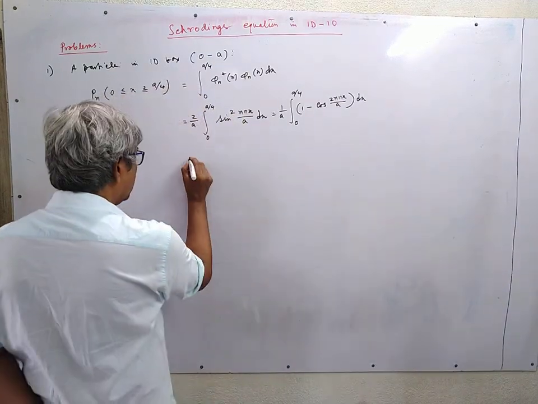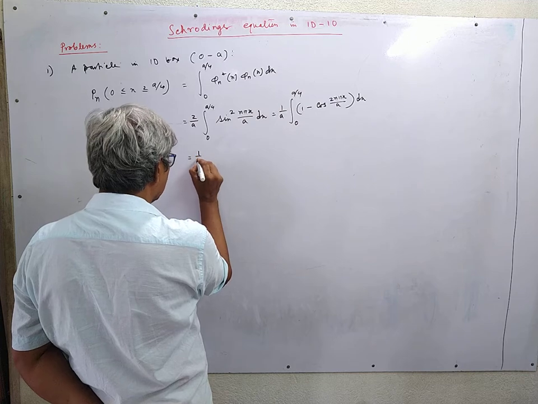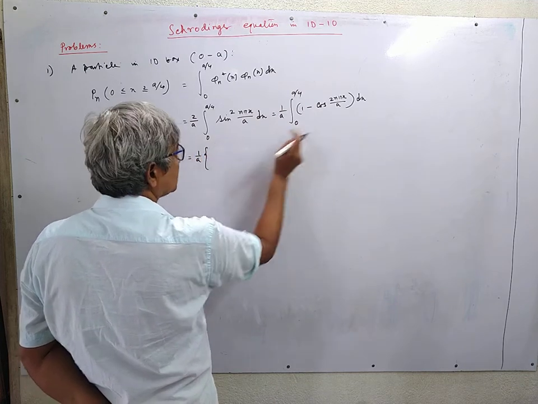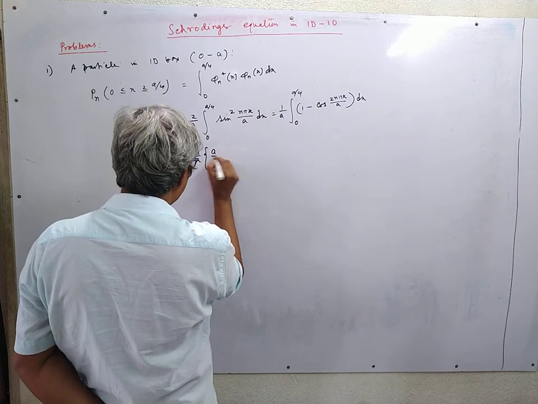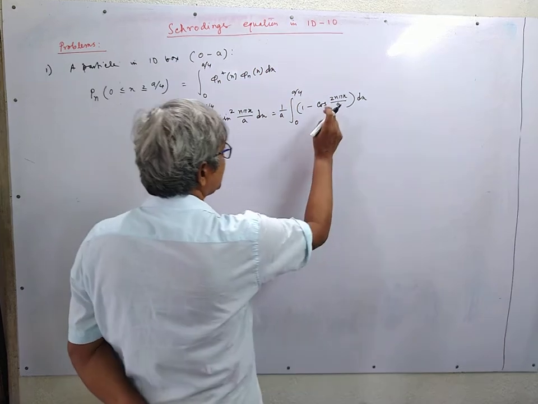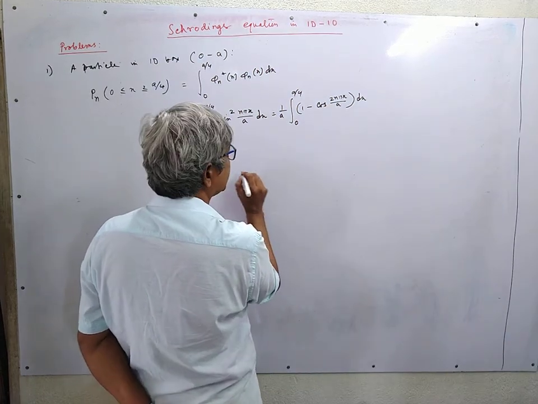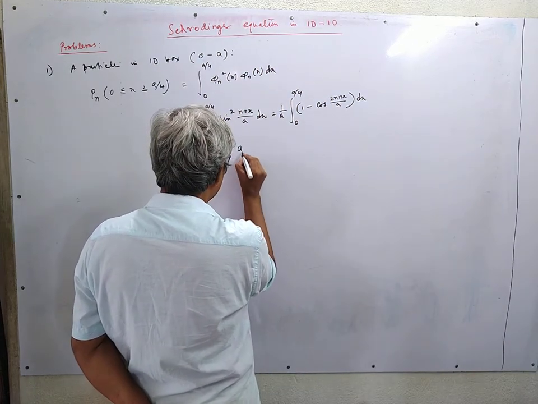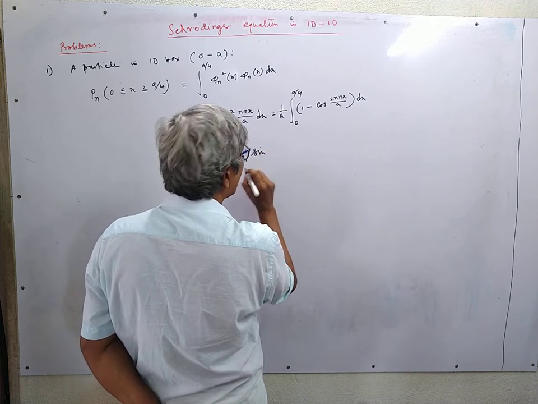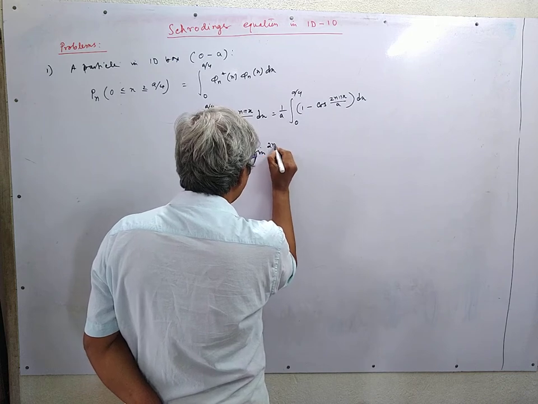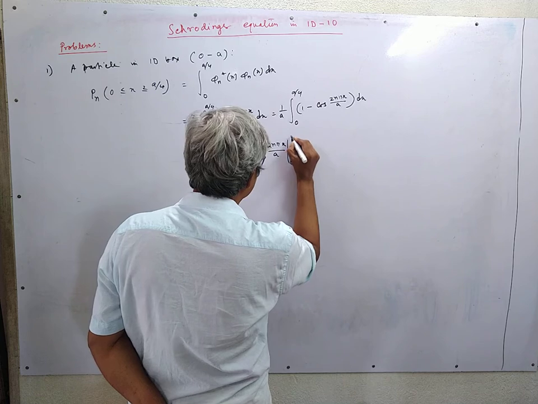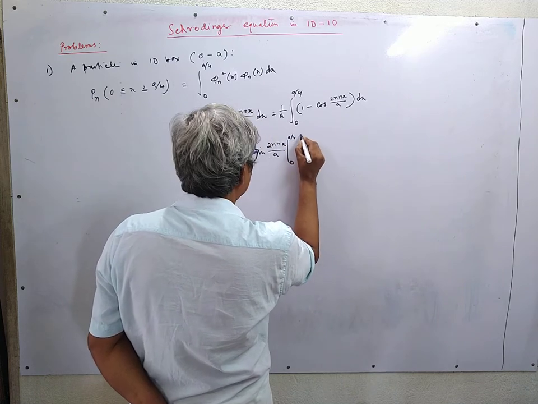If we integrate this, the first term gives you A by 4, and for the second term you integrate it to get minus A by 2n pi, sine of 2n pi x by A within limits 0 to A by 4.